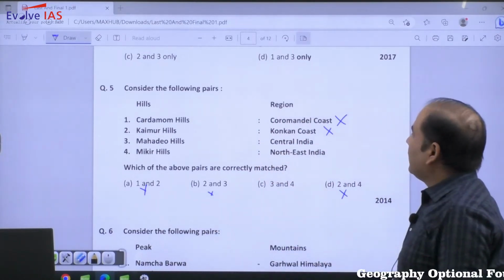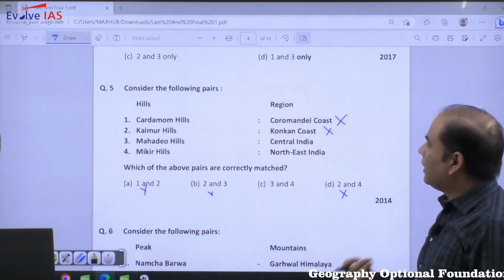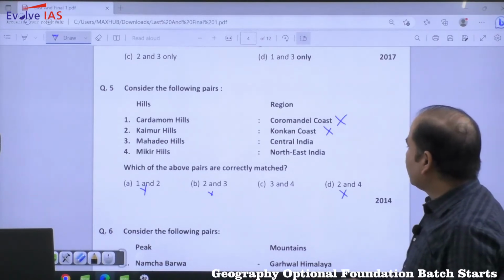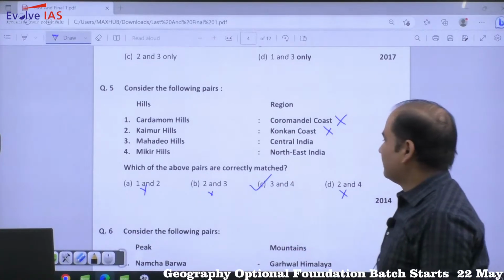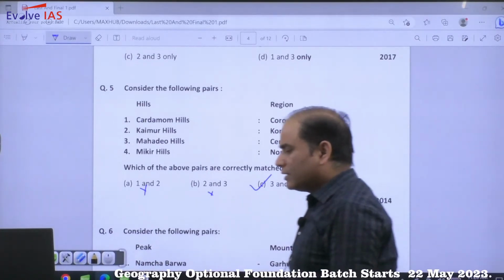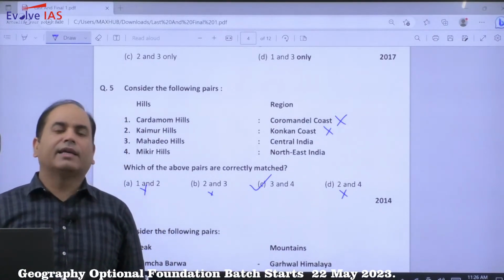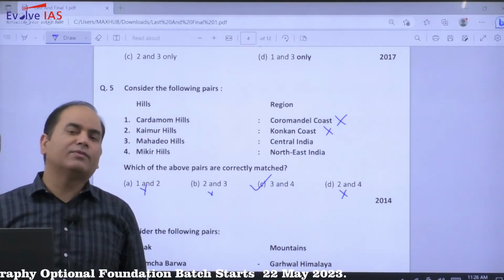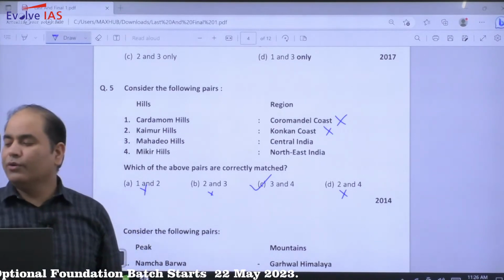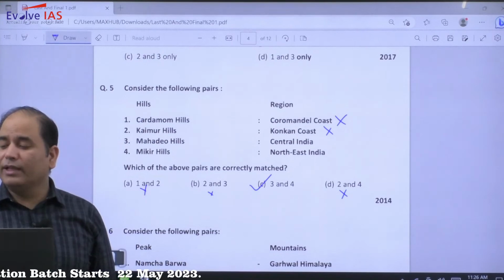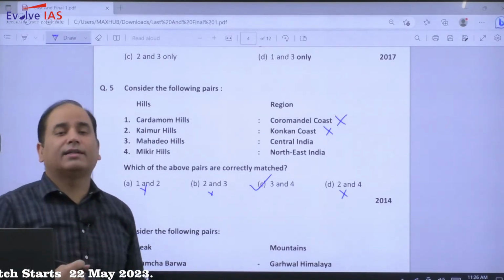So by having this, even if you don't know the Mahadev Hills, you don't know the Mikir Hills, then also you can get the right answer. So sometimes this is exactly what I was trying to tell you, that in case of map based question, sometimes it appears that you need to know the very small fact about the map, लेकिन ऐसा जरूरी नहीं कि आपको हर समय बहुत स्मॉल फैक्ट की जरूरत है.